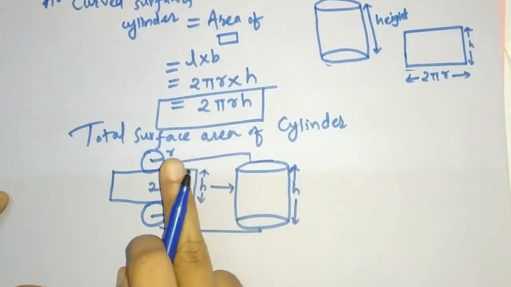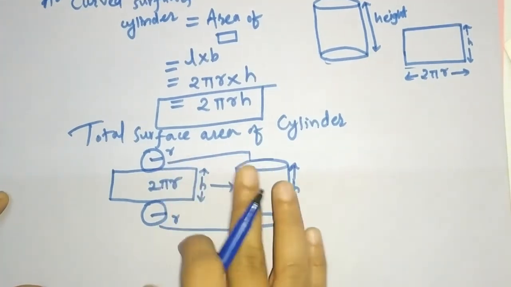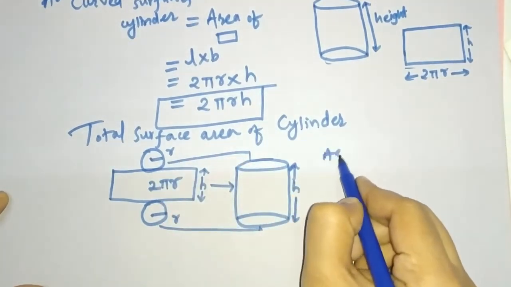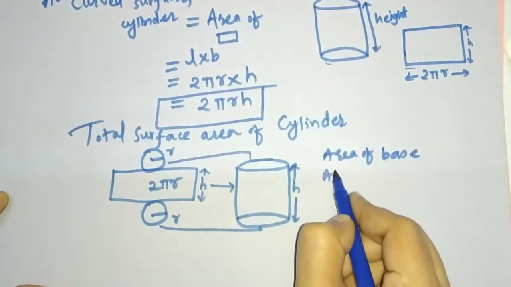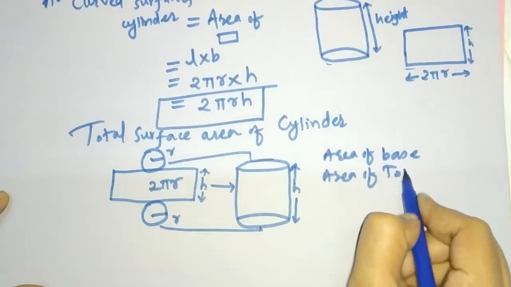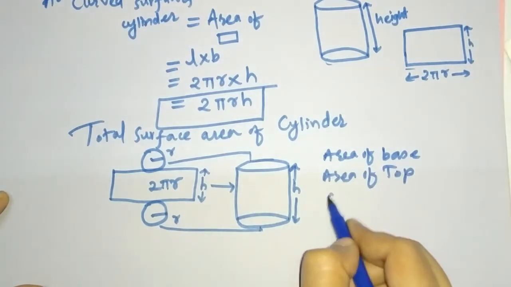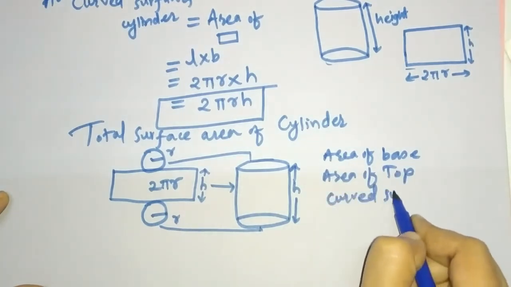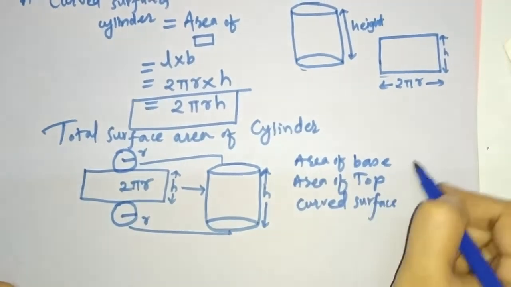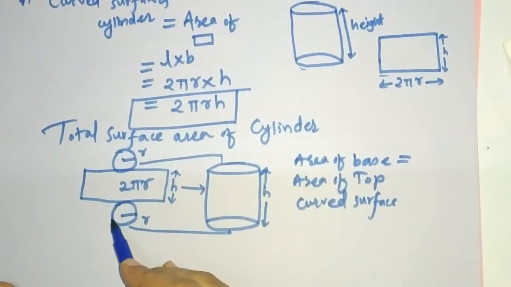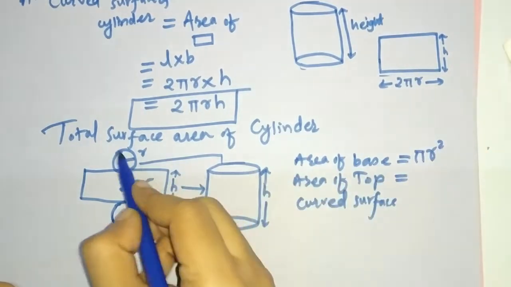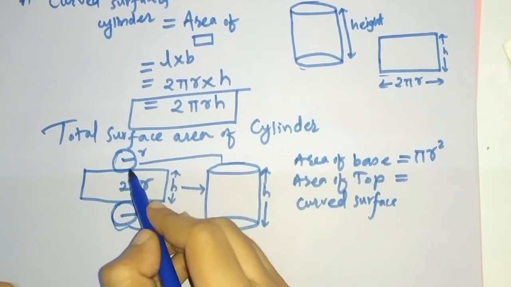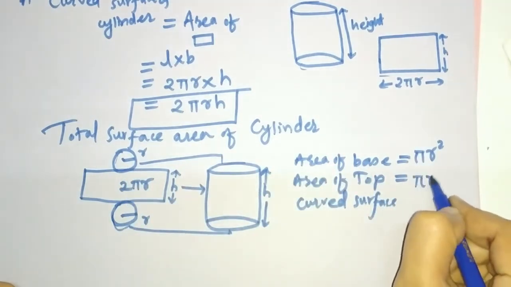Okay friends, if I am speaking about its total surface area, then I have to include the area of the base, the area of the top, and the curved surface area. The base is a circle, so its area is pi r square. The top is also circular, so again pi r square.